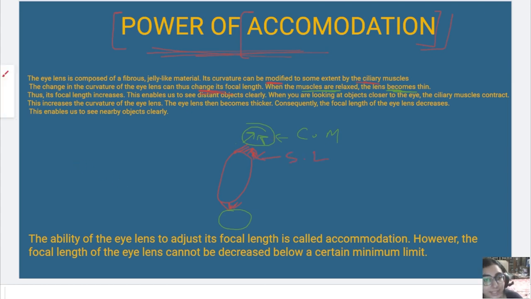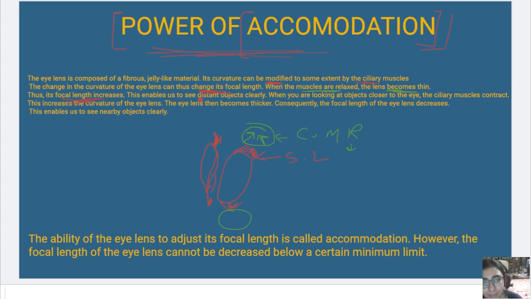Basically what is happening is that when the ciliary muscles are being relaxed, the suspensory ligaments are being contracted. They are becoming tight, really tight, so they are basically making the lens very thin. Now what is the advantage? When you are making a lens thin, you are basically increasing its focal length.